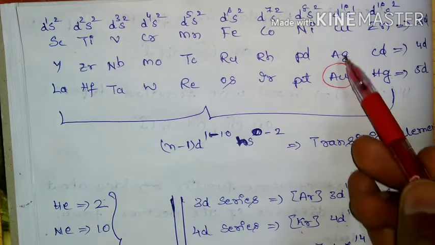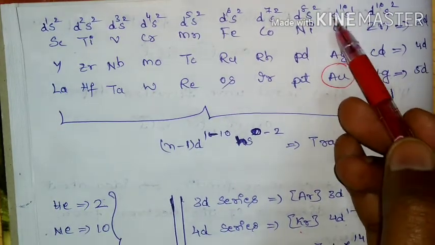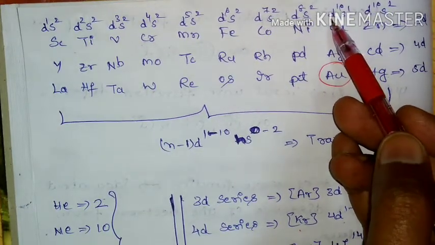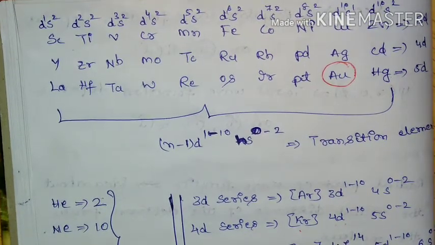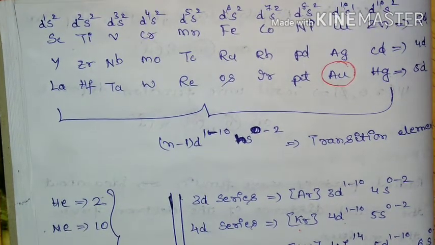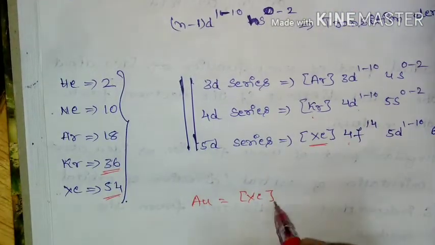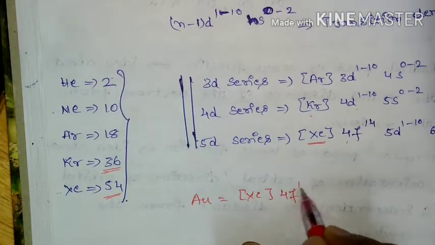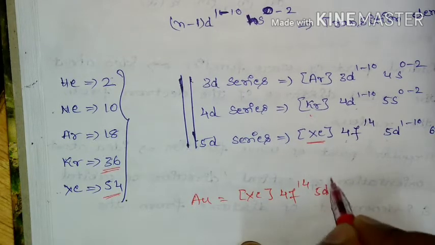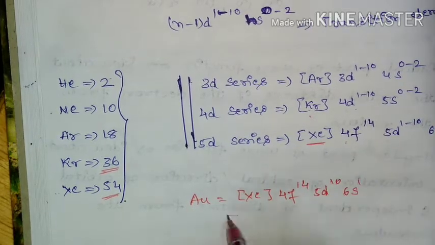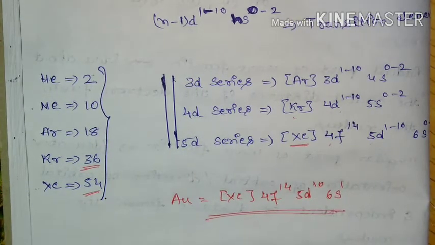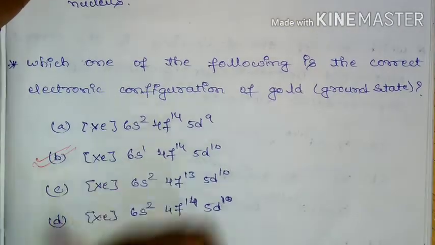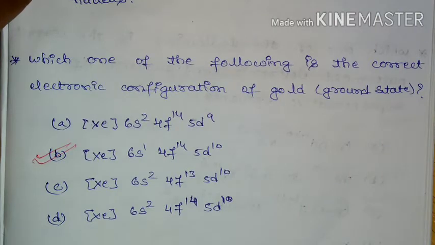So if you look at the triad, it is going to have outer electronic configuration d10 s1. So for gold, the electronic configuration will be xenon 4f14 5d10 6s1. So this will be the ground state electronic configuration for gold. Option B is correct. Xenon 6s1 4f14 5d10.